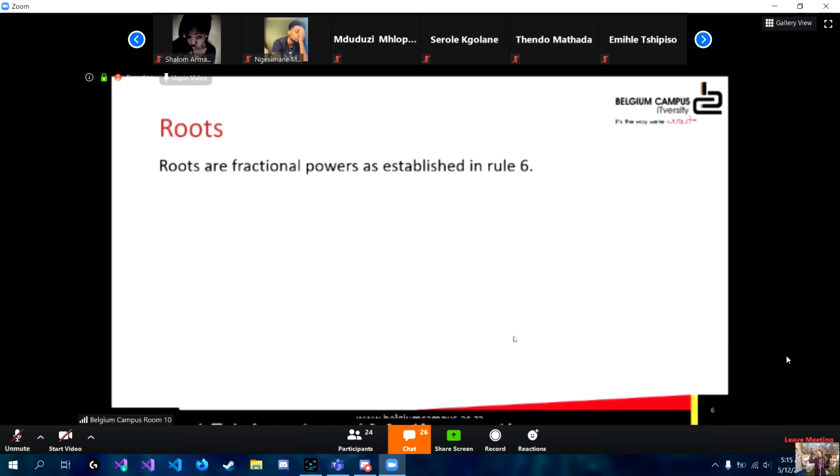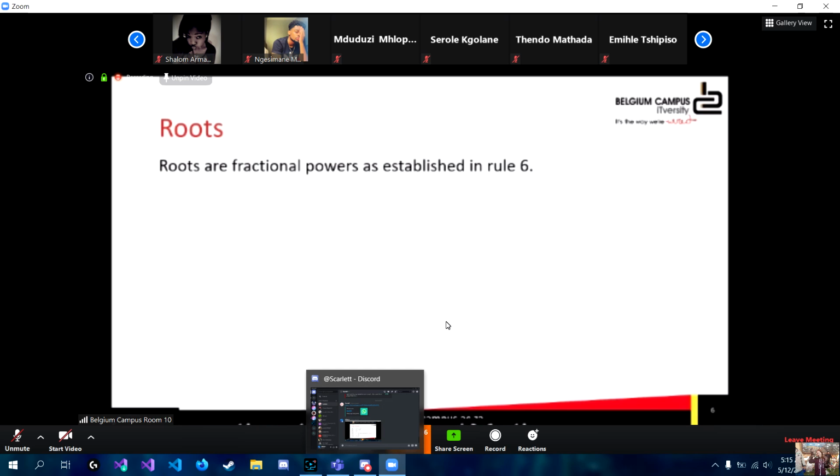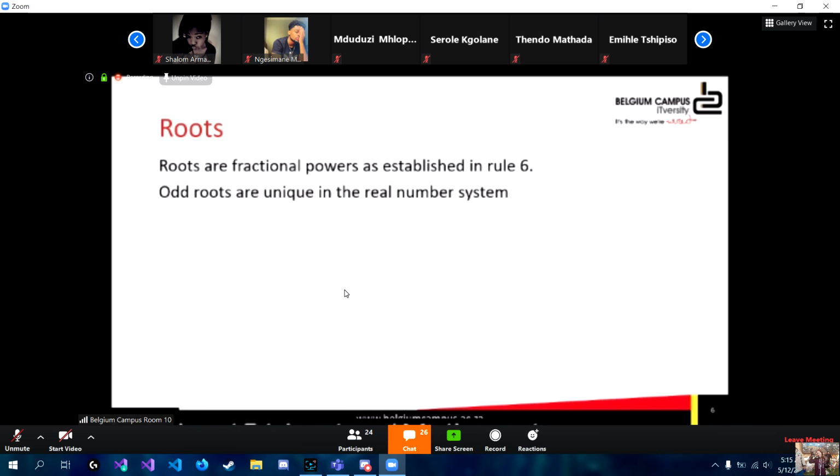All right, then we have roots. We've already established from rule number 6 that anything that has a fractional power is actually a root. It could be a square root, a cube root, a 4th root, 10th root. It can be anything. So that small number there in the radical sign shows you what root it should be. A few rules to remember concerning roots.